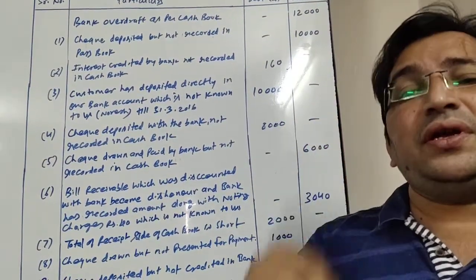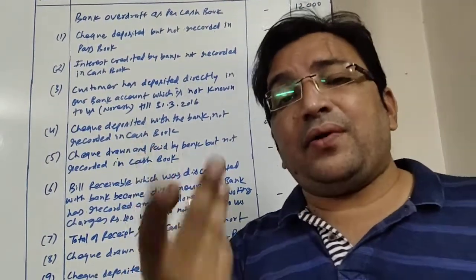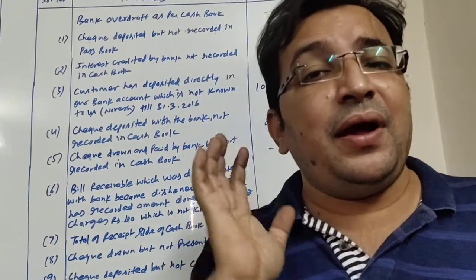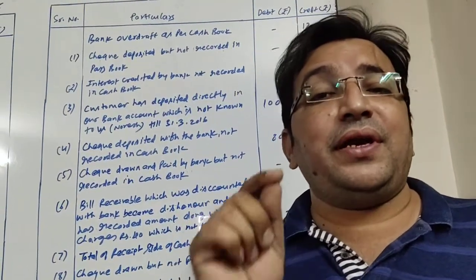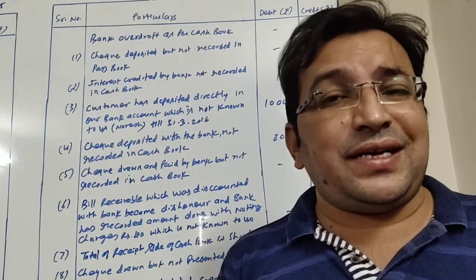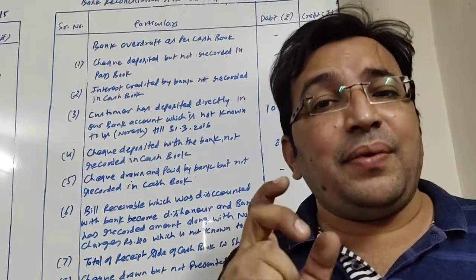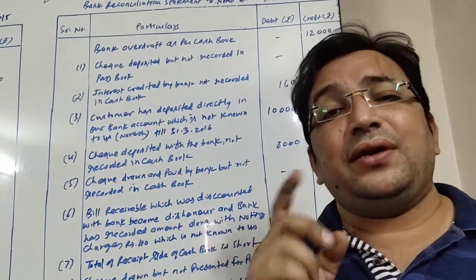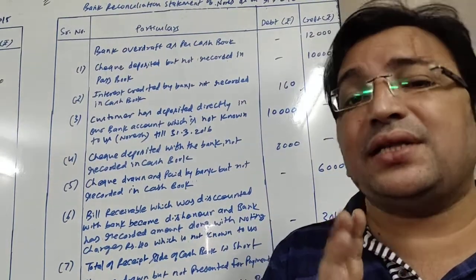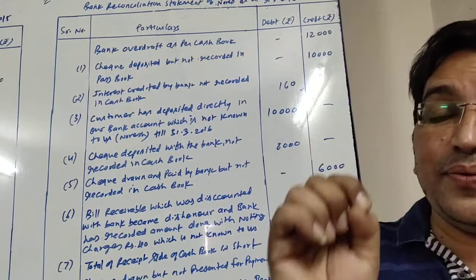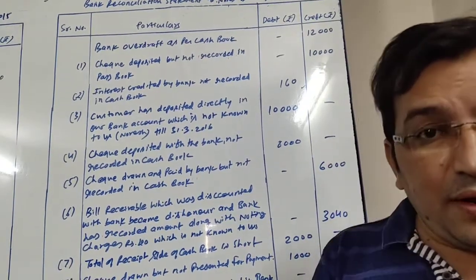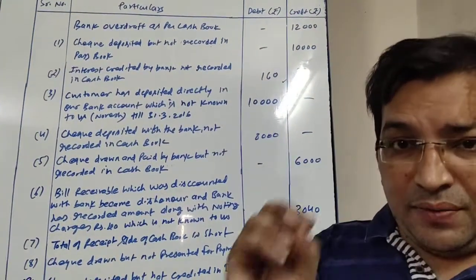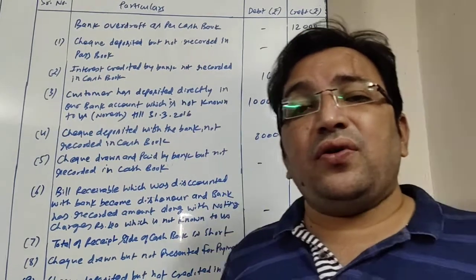The bill was of 3,000, it was discounted with the bank, but on the day of maturity the bill became dishonored and the bank debited the amount. Bank will be debiting 3,000 plus 40 rupees for noting charges. So the bank must have debited rupees 3,040 to our bank account in the passbook, which is not known to us.